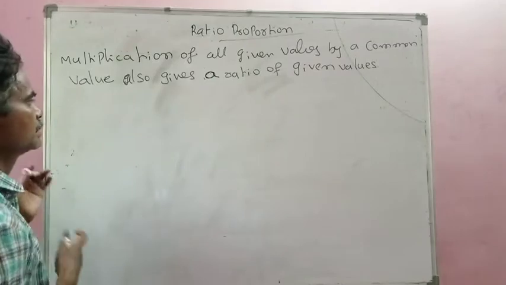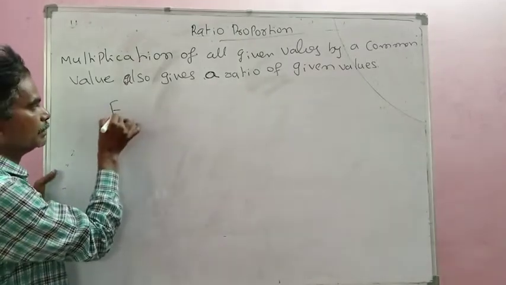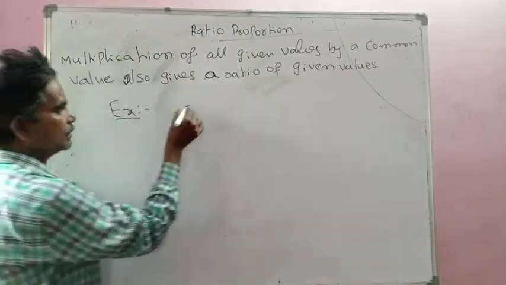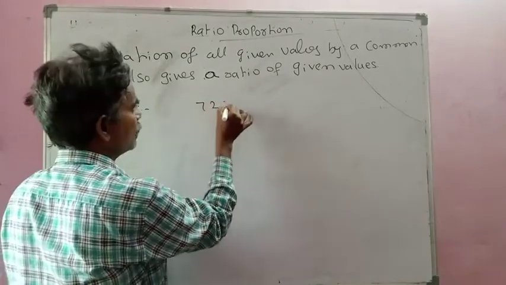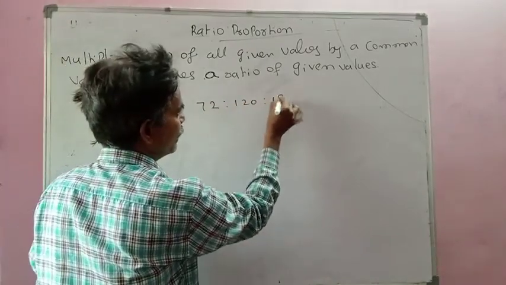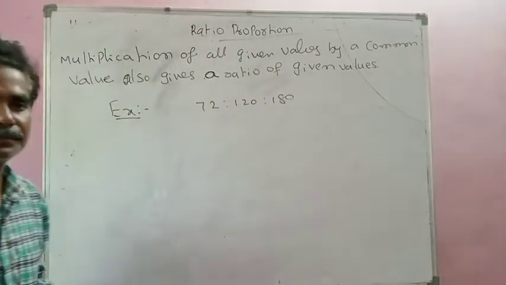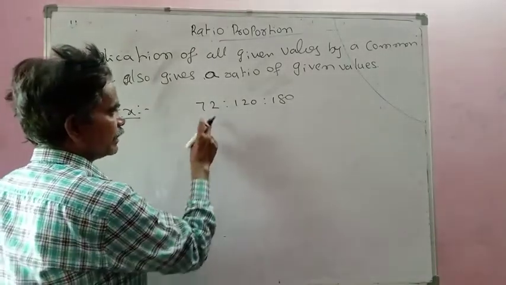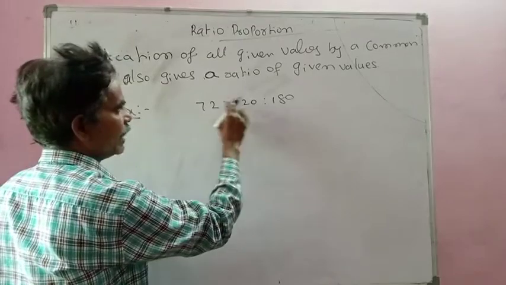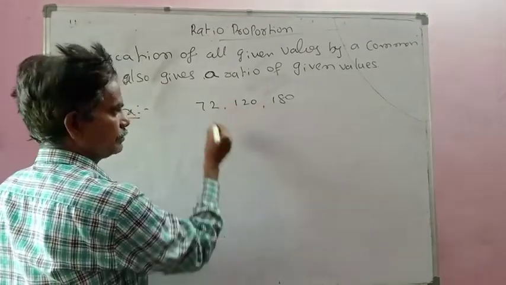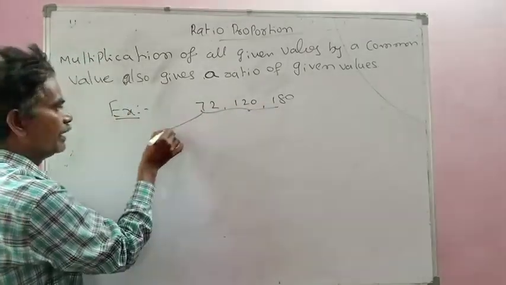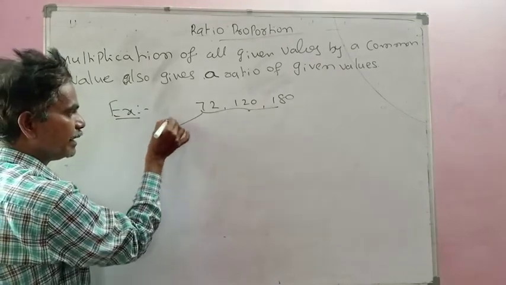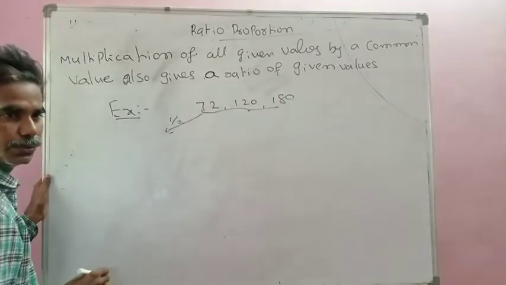For that, let us take an example: 72, 120 and next 180. Let us find out a ratio of these values. For that, let us divide all these values by 1/2.